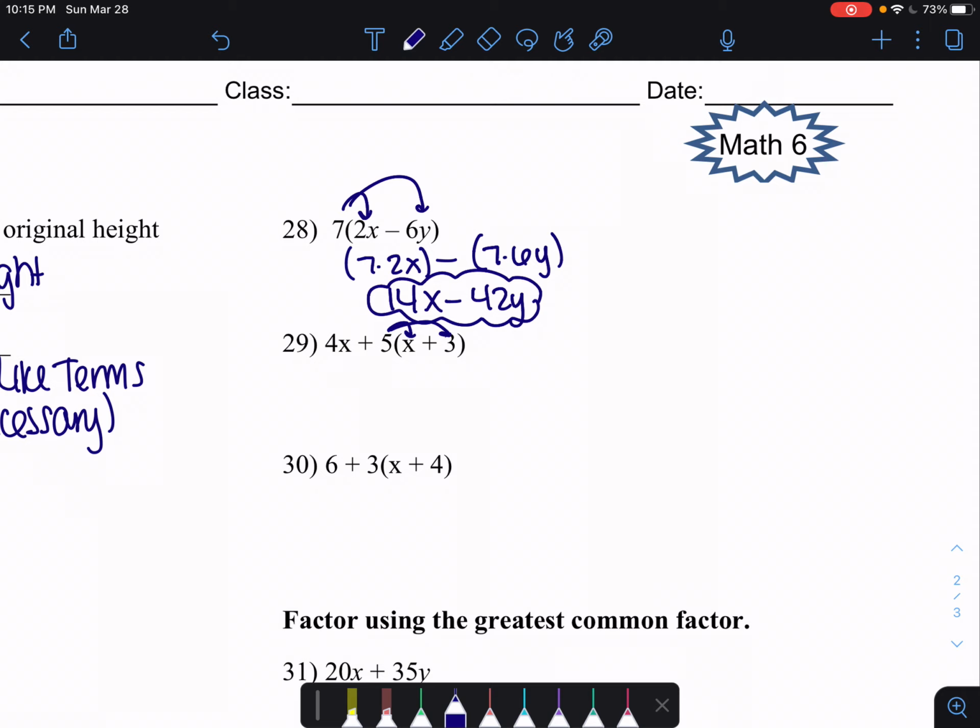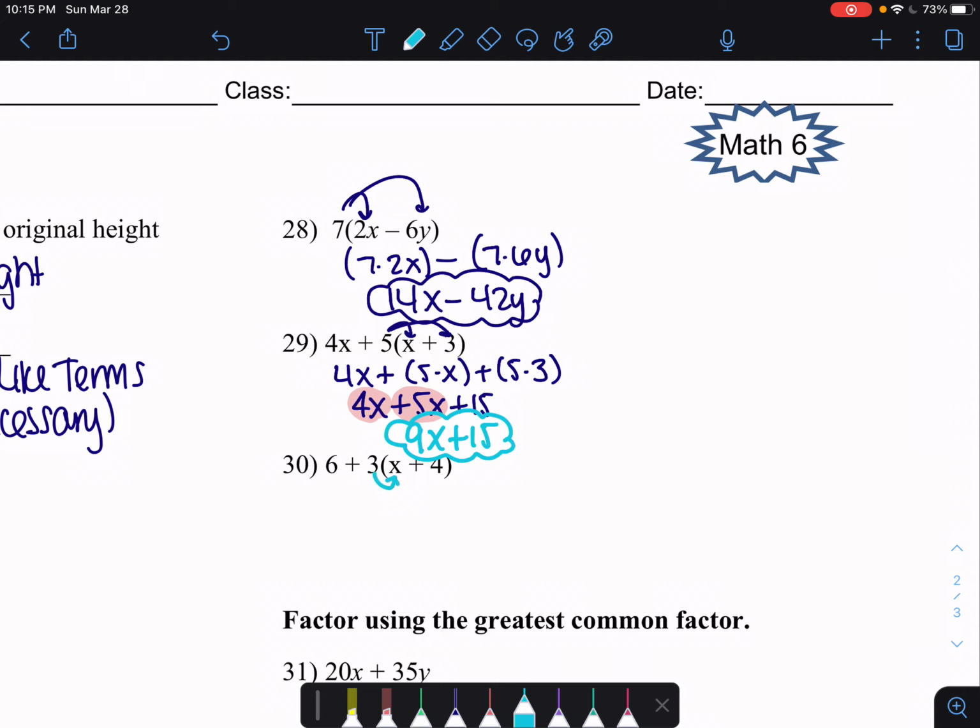In number 29, I'm going to distribute first, then combine like terms. So 5 times x plus 5 times 3. So I've got 4x plus 5x plus 15. 4x and 5x are like terms. So 9x plus 15.